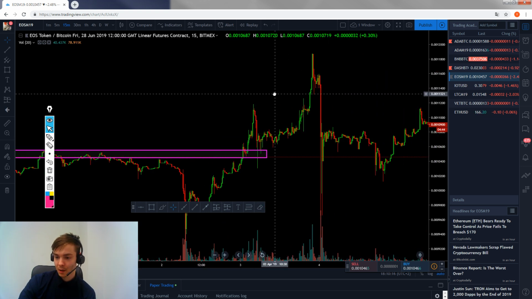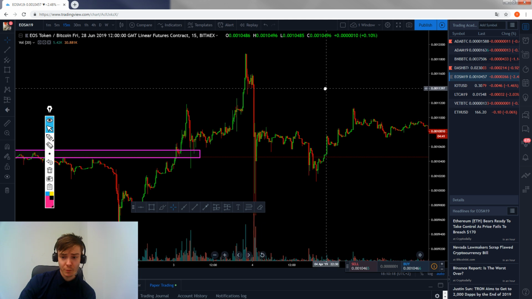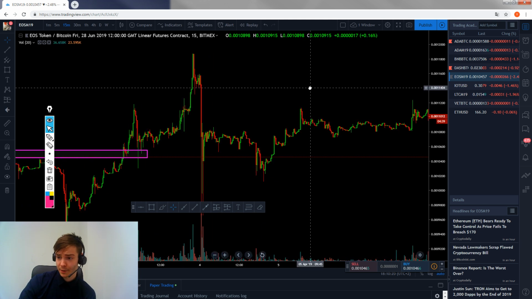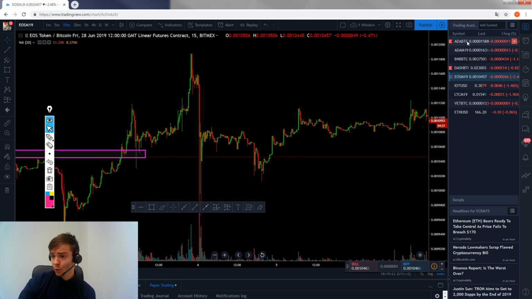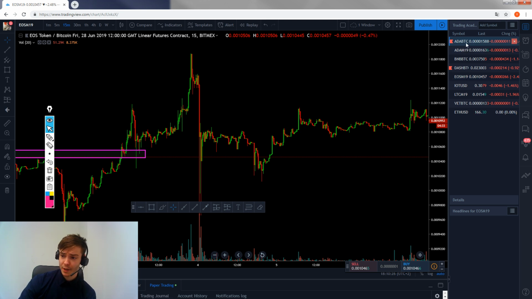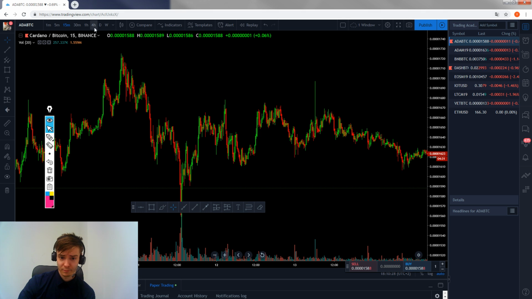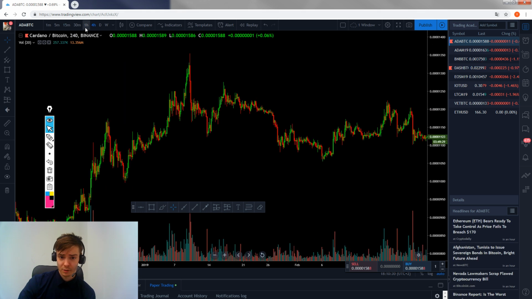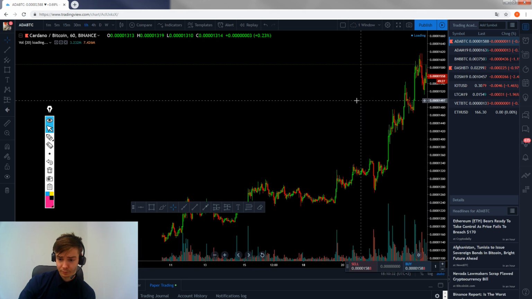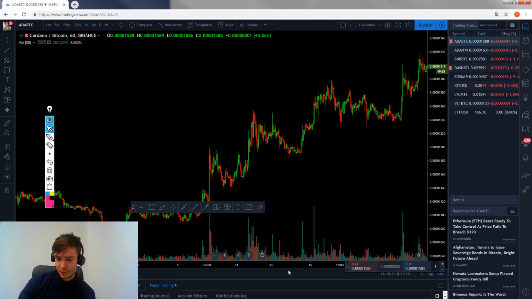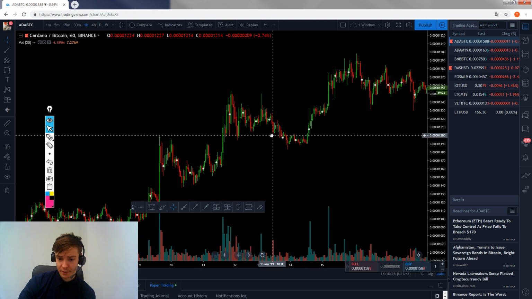Okay, so maybe I should switch to other market to see more examples. Maybe, if anybody is interested in swing trading, I could go to bigger time frames, 1 hour. This is really interesting. Also, it is working for any time frame.